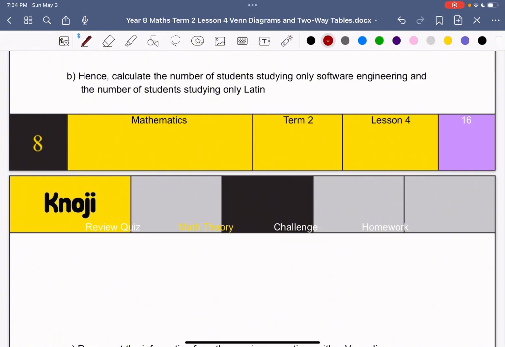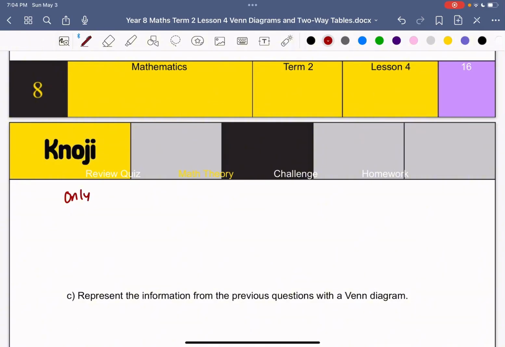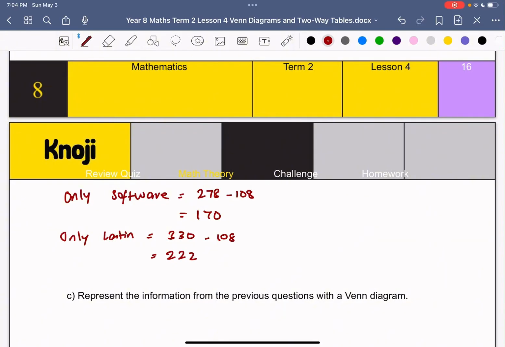So, only software. If my total is 278, I'm going to minus the overlap, which is 108. And we're going to do the same thing here. Only Latin, I'm going to get my total amount minus the overlap, which gives me my total only Latin.